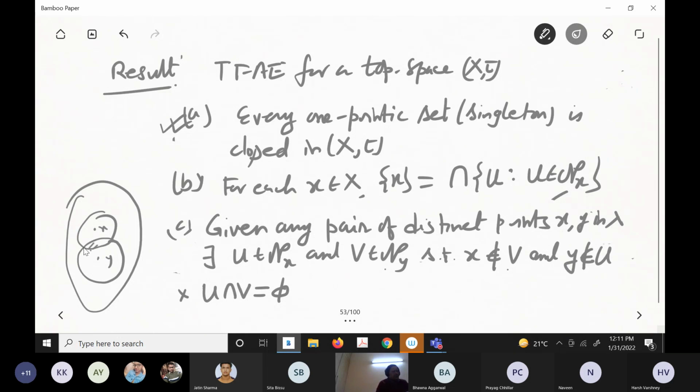So this is weaker than T2, Hausdorff. Some people take it as the definition, but usually we take the other as the definition, and this immediately follows. You should prove that; this is a proof exercise. Okay, fine. This is T1.